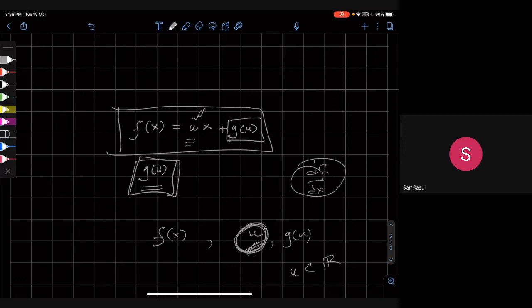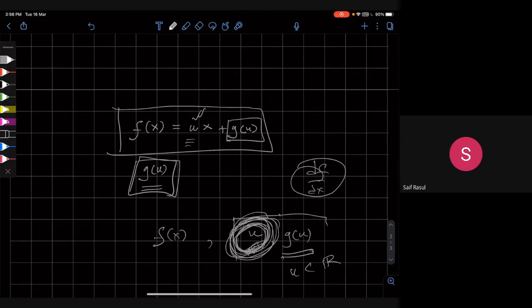Maybe in some finite subset of the real line, but whatever. And then you need g of u as a function of u.